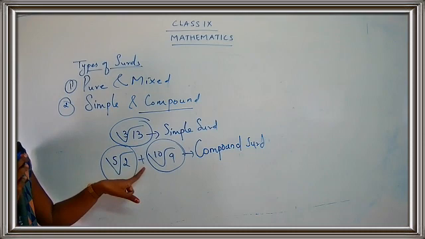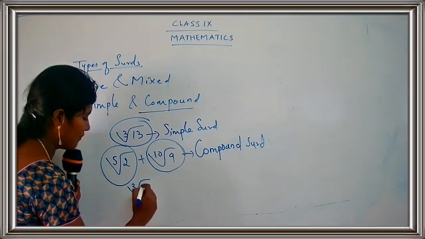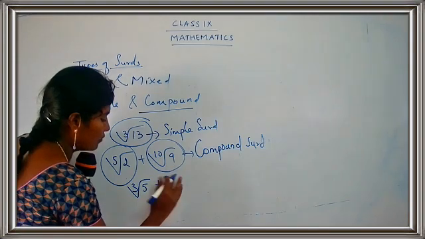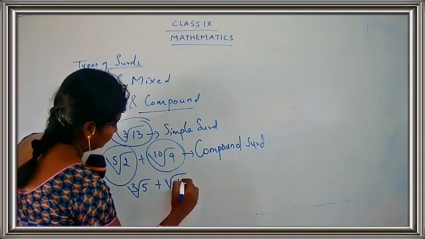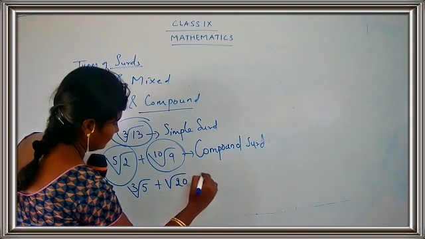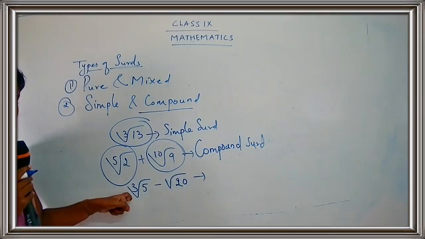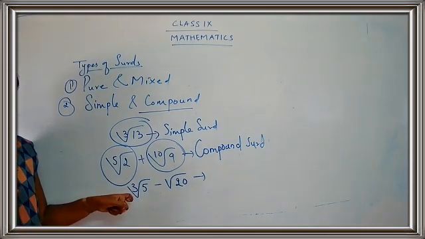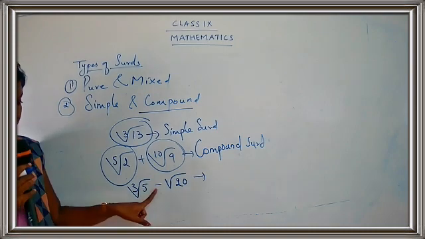See here, what is being used here? Addition is used. Or you may have cube root of 5 plus square root of 20. Because I have already used plus, I'll put minus here. So how to read this children? 3 is there. So how to read 3? Cube. Cube root of 5 minus.